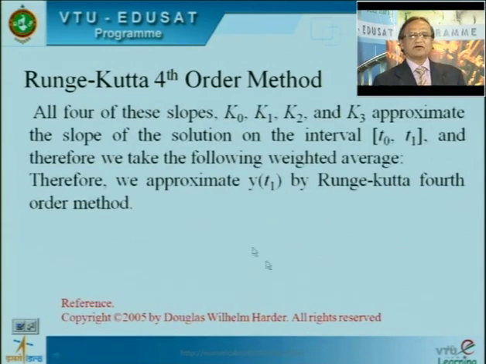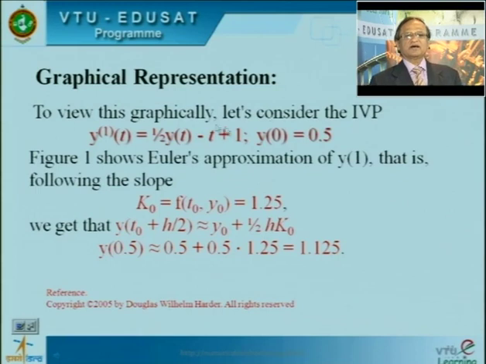So, we have obtained all the 4 slopes, namely k0, k1, k2 and k3, which approximate the slope of the solution in the interval t0 and t1, and therefore, we take the following weighted average. Therefore, we approximate y of t1. I have already given this formula. So, you substitute all the slopes in this formula, then we can obtain the new position using fourth order Runge-Kutta method.